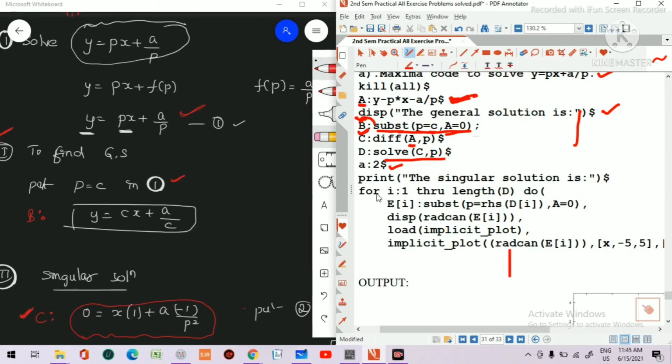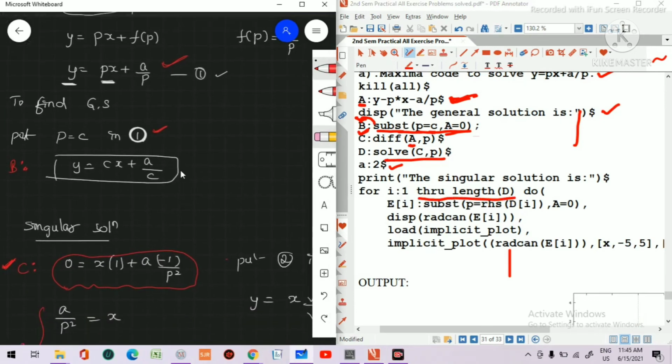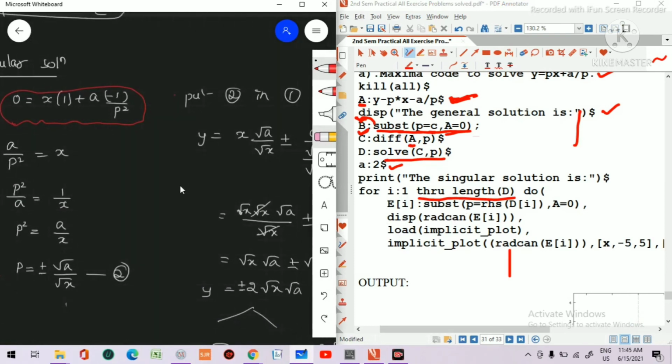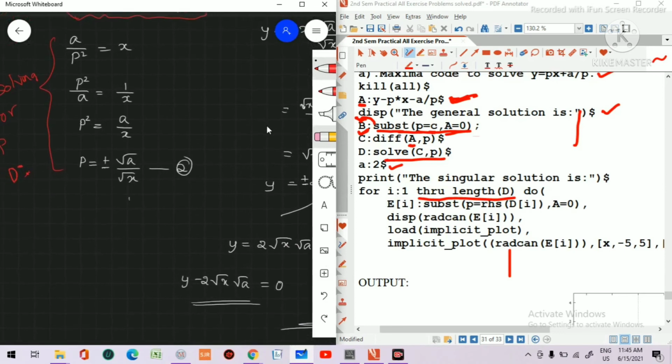Yes, sir. Okay, next we are saying print the singular solution. Print the singular solution. This point we have learnt already in the previous lab. What does it mean? For 1 colon 1, I colon 1 through length of d, what does that mean?